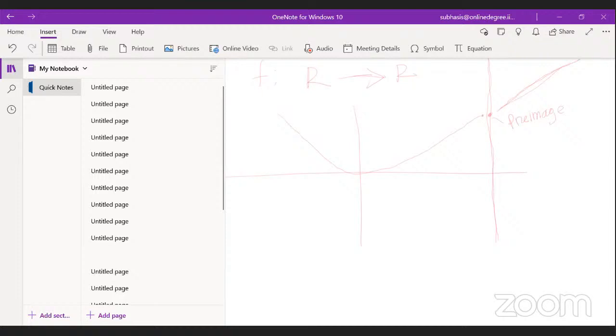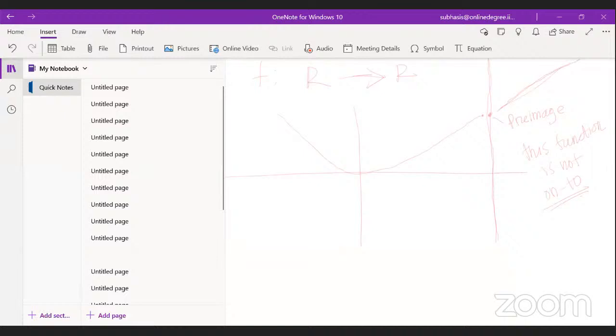So then you can say that this function is not onto. Right?